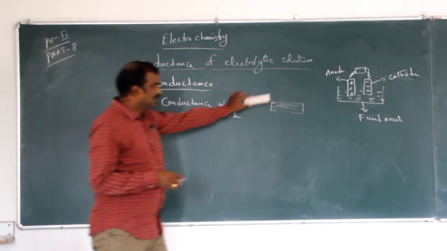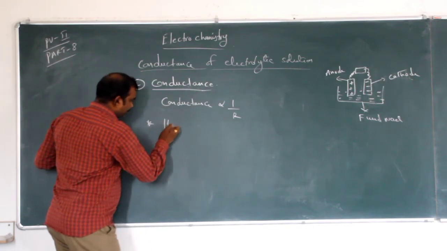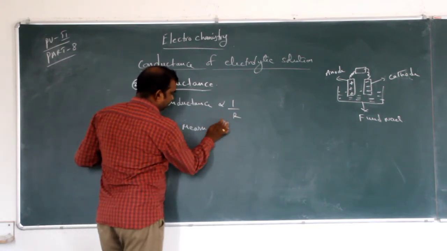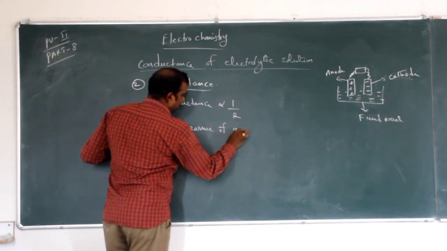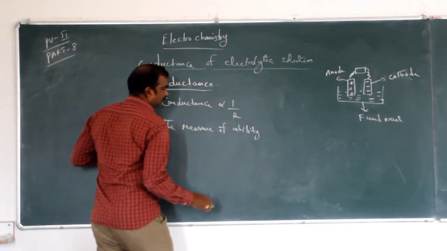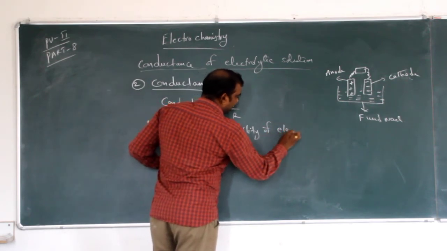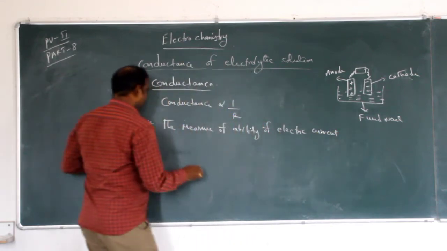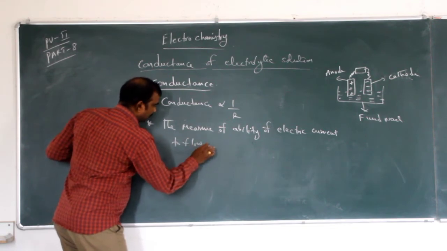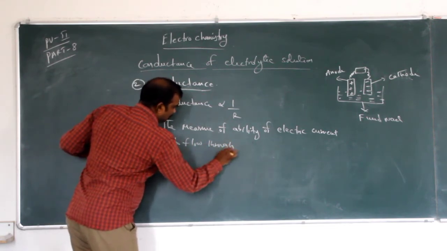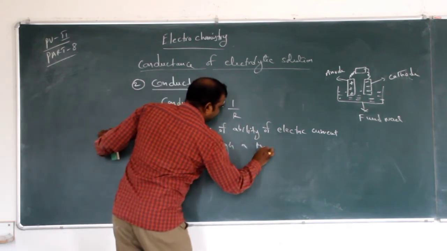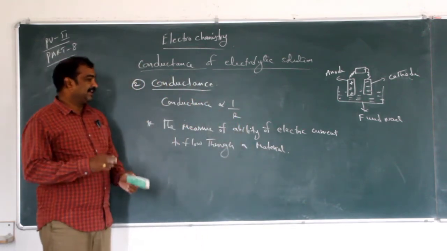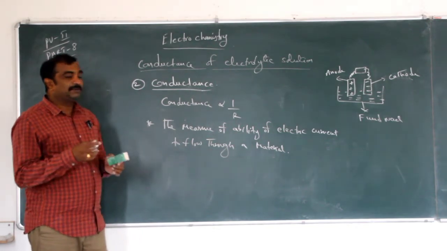So here we can write: the measure of ability of electric current to flow through a material is called conductance.